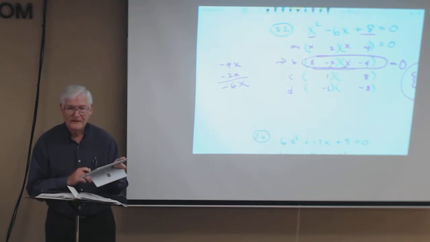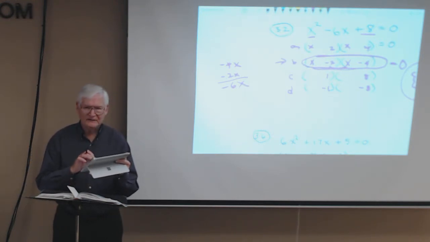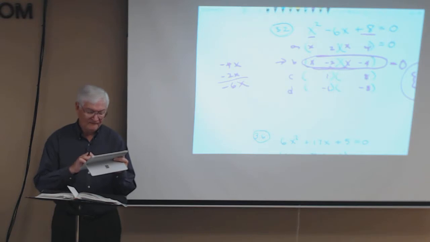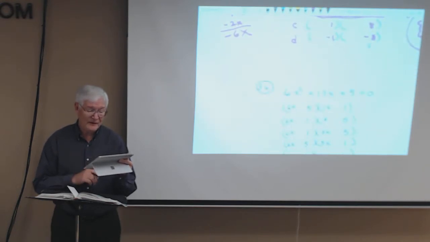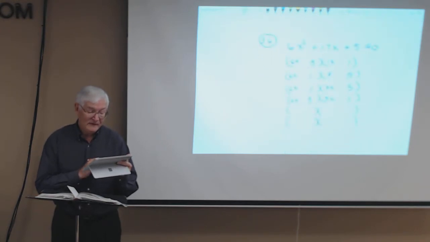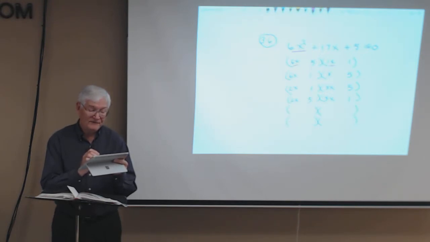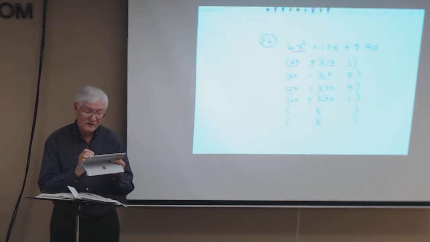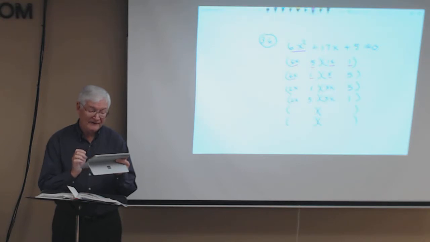Questions? Let's do number 36. 6x squared plus 17x plus 5. Well, okay, for 6x squared, we could have 6x and 1x, and 5 and 1, or 6x and 1x, and 1 and 5. Or we could have 2x and 3x, and 1 and 5, or 2x and 3x and 5 and 1.